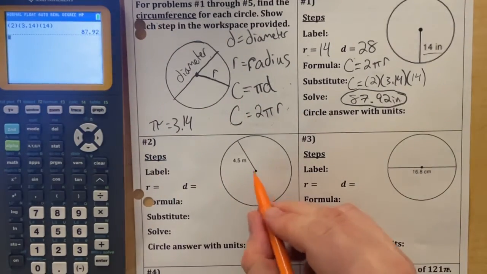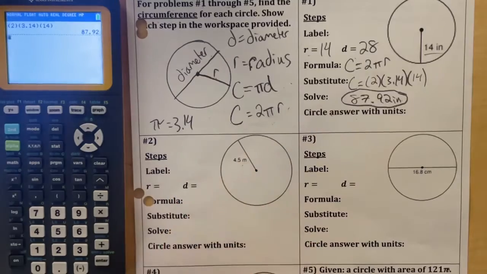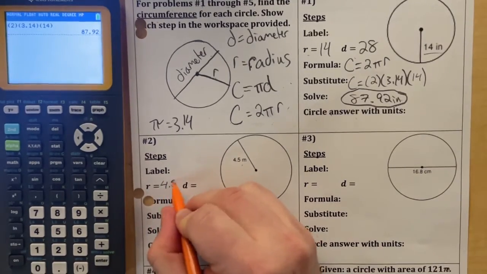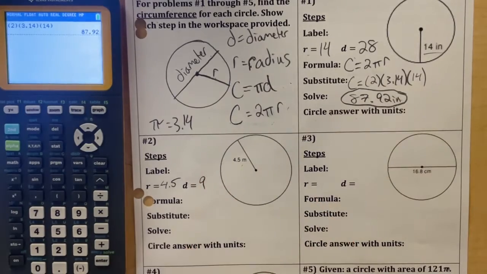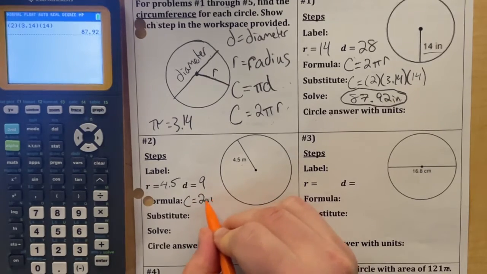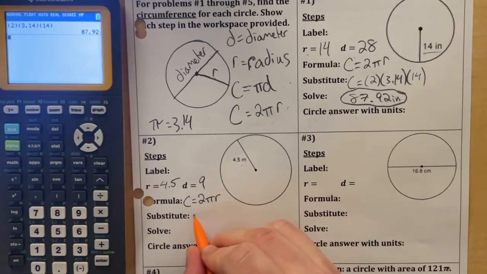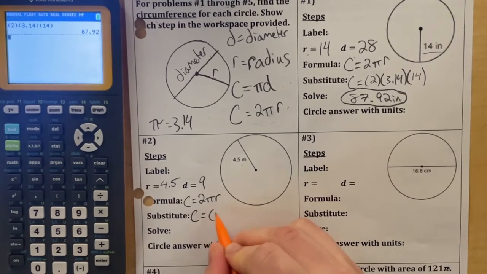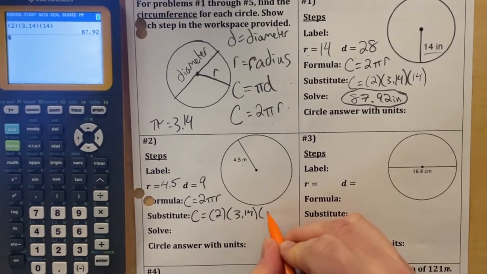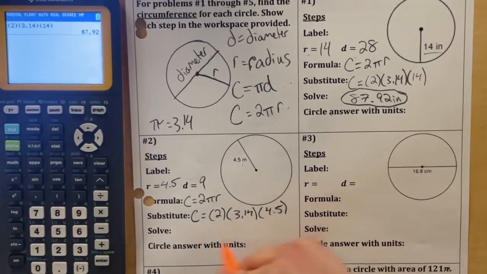In number 2, we have our labels: radius is 4.5, our diameter is 9. Since I have radius, circumference equals 2 pi times radius. Substitute in my values: circumference is equal to 2 times 3.14 times the radius, which is 4.5.